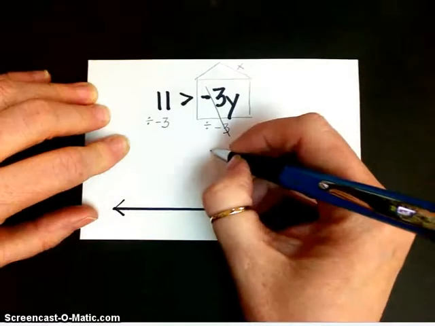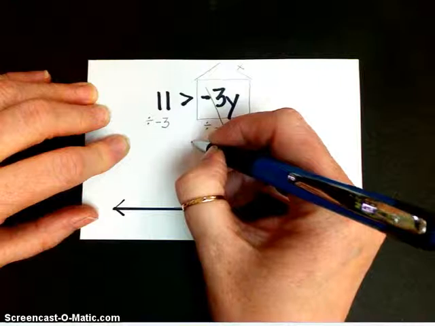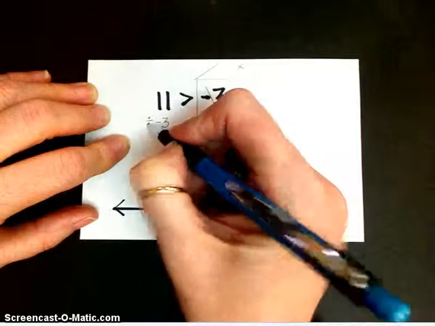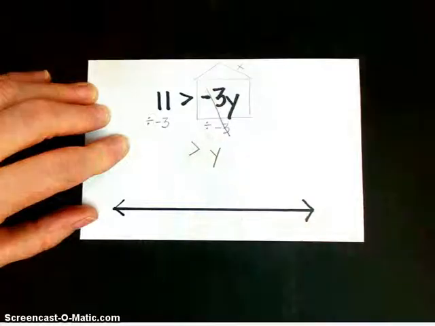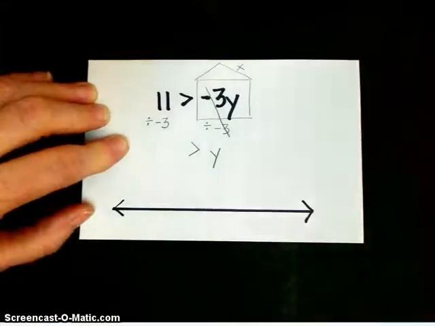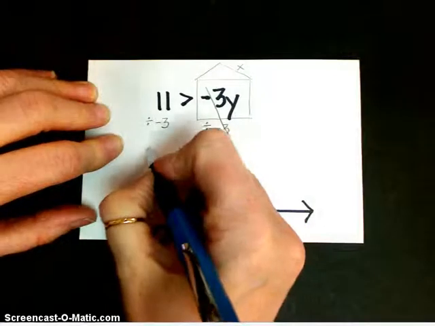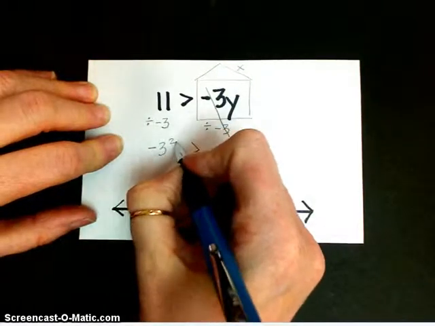So now I have y is less than 11 divided by -3. That's going to be a decimal. I probably should not have done that. It's going to be -3 2/3.